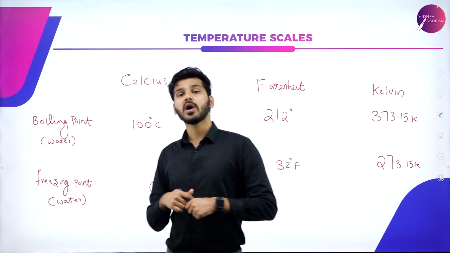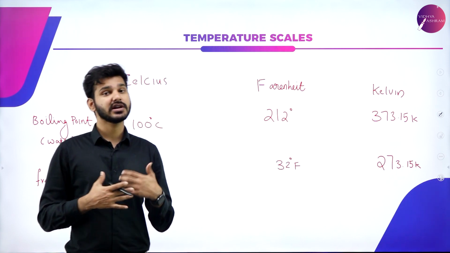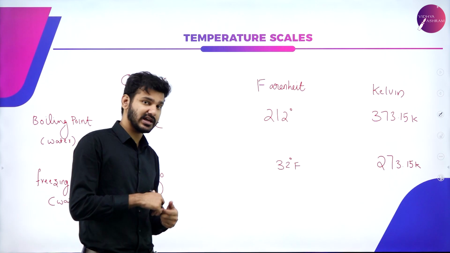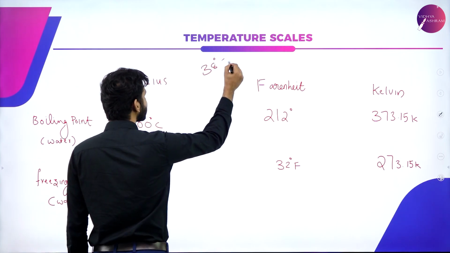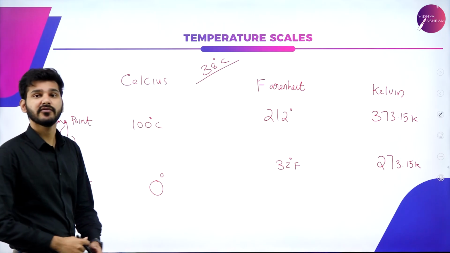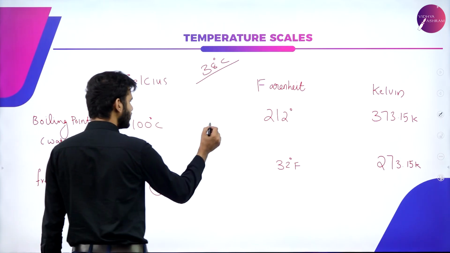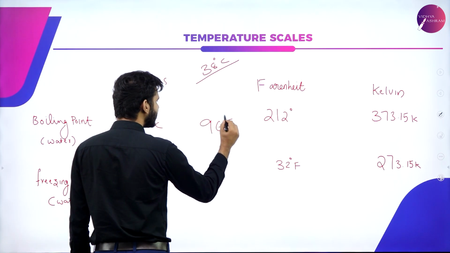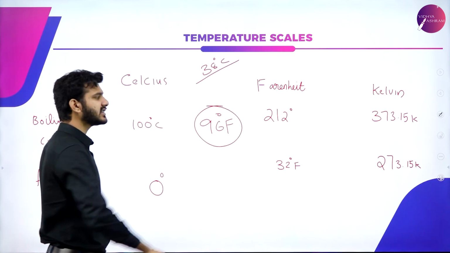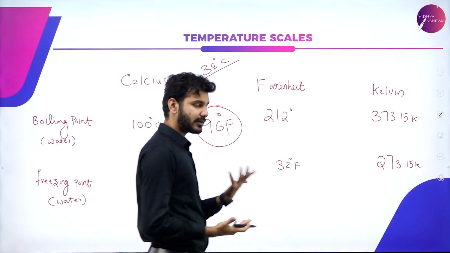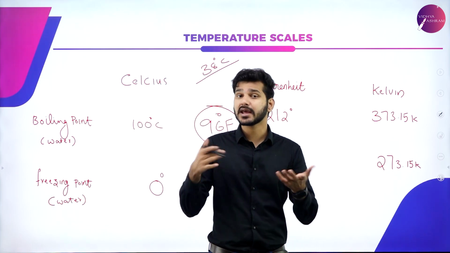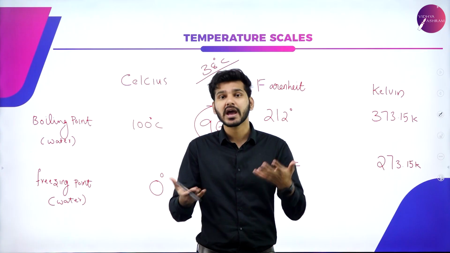One more thing: what if they give you a different temperature and ask you to convert it into another scale? For example, they give you 38 degrees Celsius and ask you to convert it into Fahrenheit, or they give you 96 degrees Fahrenheit and ask you to convert it into degrees Celsius.